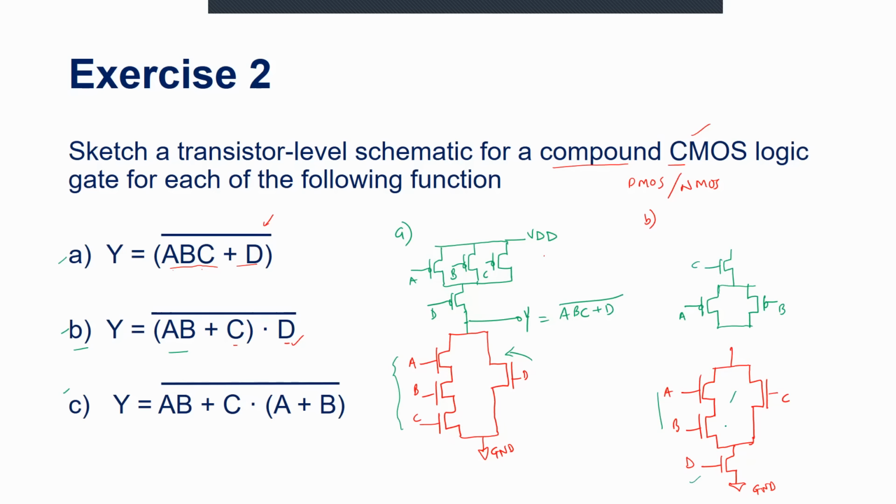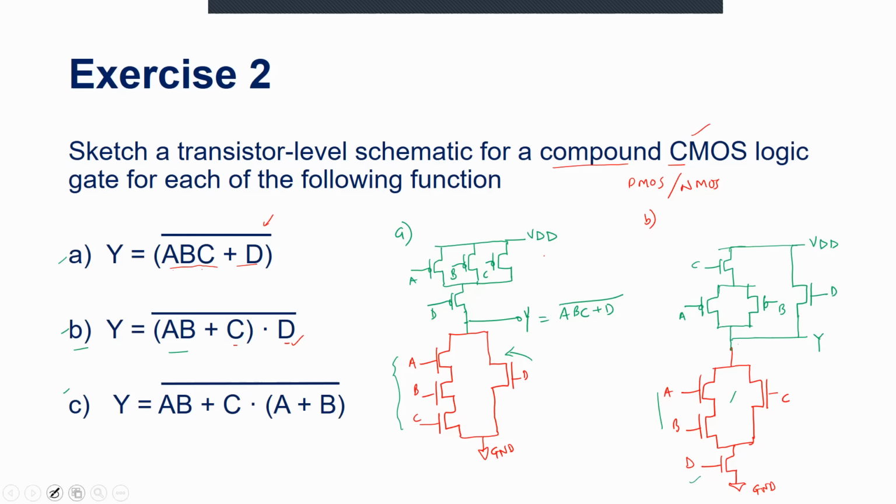And D was in series with the whole network, so D will be in parallel with this network. That is how I start creating this network. You see here the output Y of this Boolean function, the transistorized circuit. I have a VDD here, and that is how I can realize this logic.